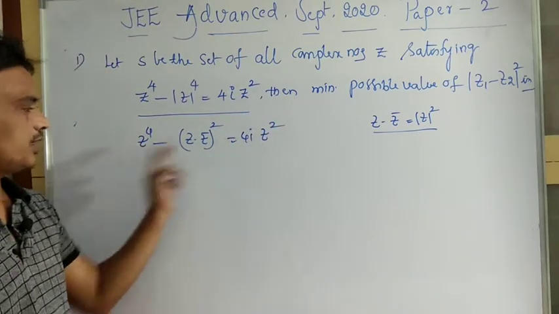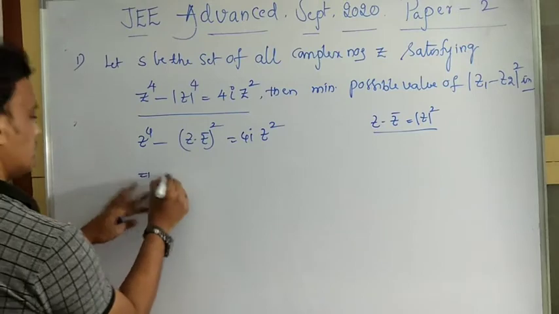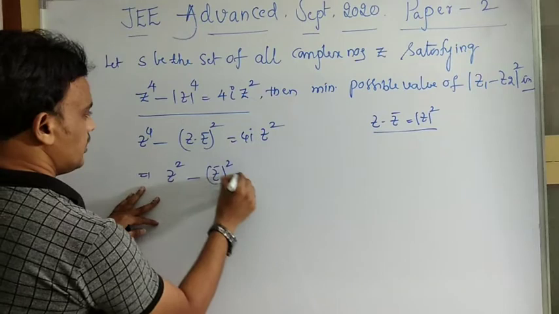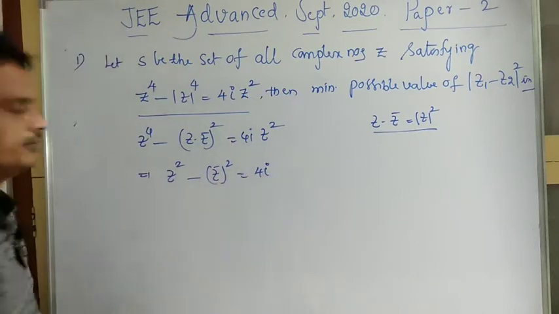Throughout, Z square will get cancelled, and you get Z square minus Z bar square equals 4 times i.